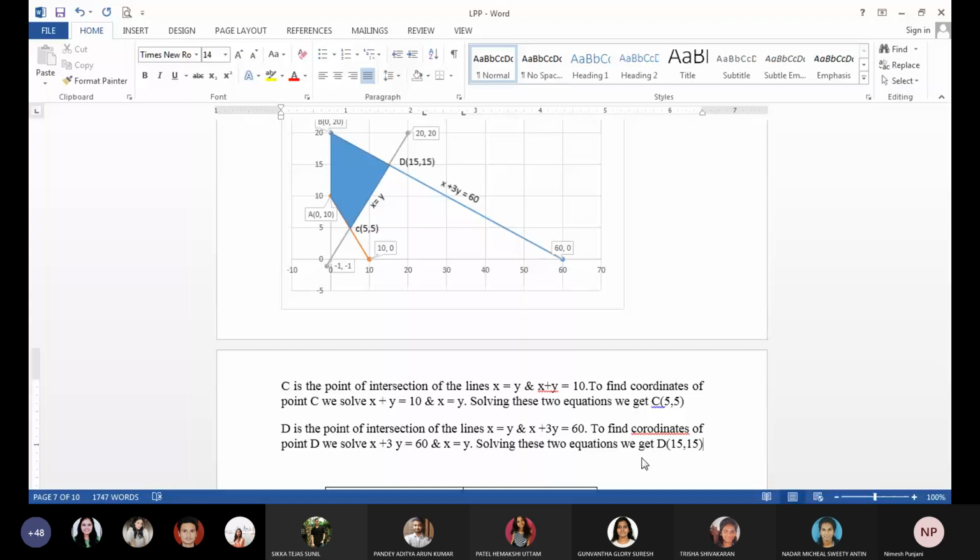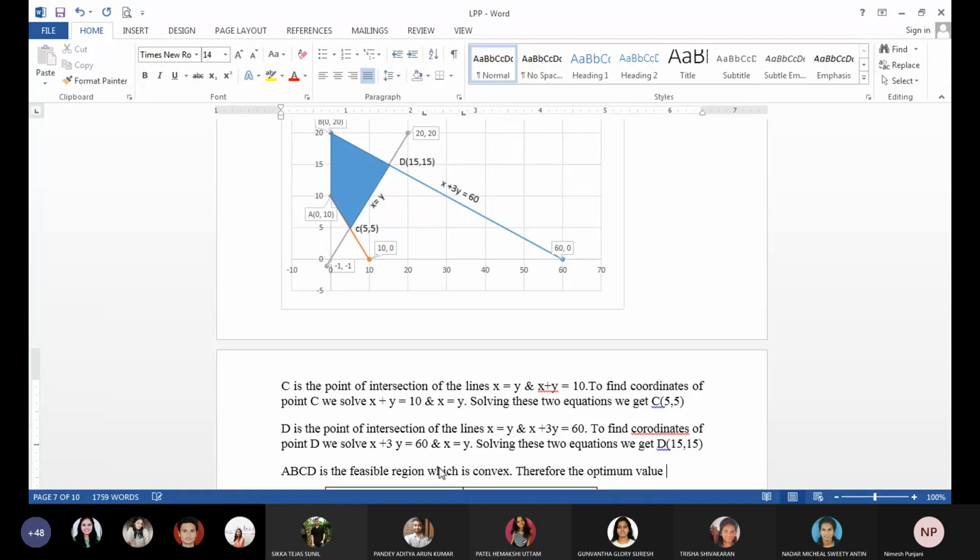So now we are getting 4 corner points. So what is the feasible region? ABCD is the feasible region, which is convex, therefore the optimum value.